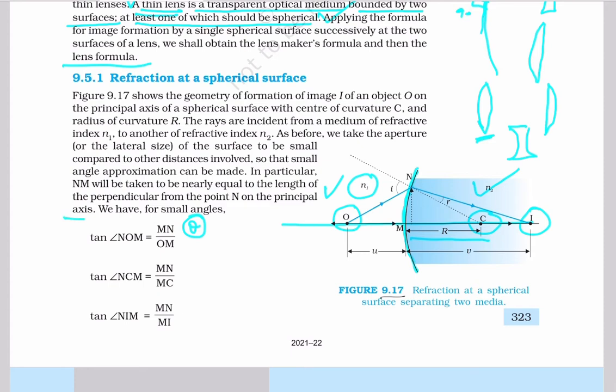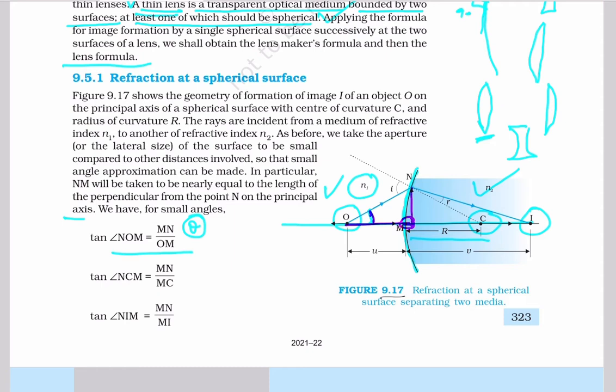For small angles, tan theta is equal to MN by OM. Here tan theta means angle NOM. This angle will be given by the length of the perpendicular MN divided by OM. Here this distance is ignored as we are considering the aperture to be very small, so that it will be negligible.